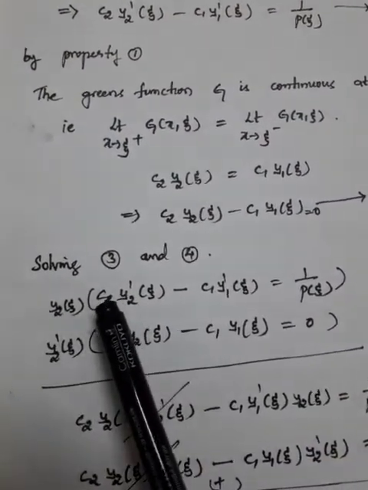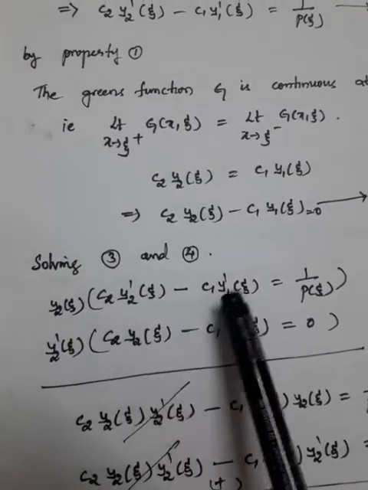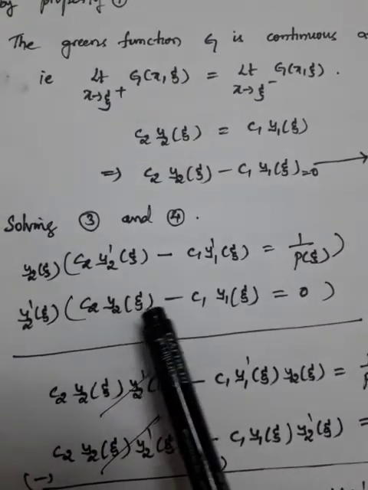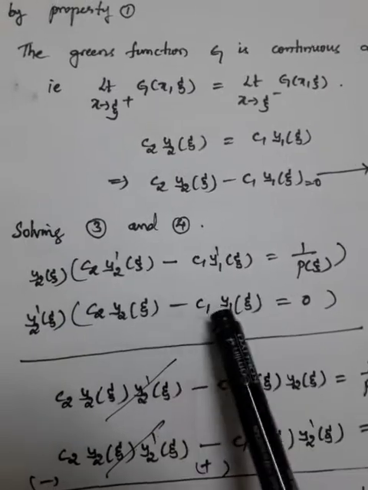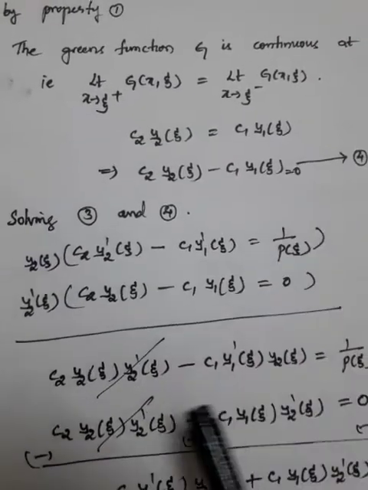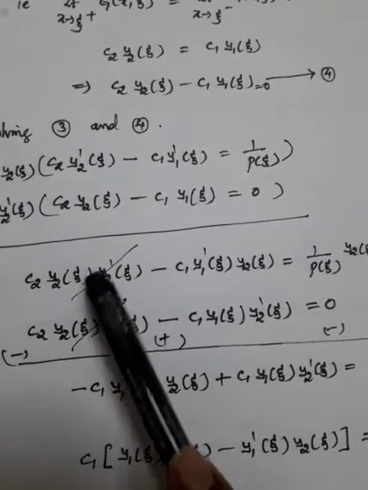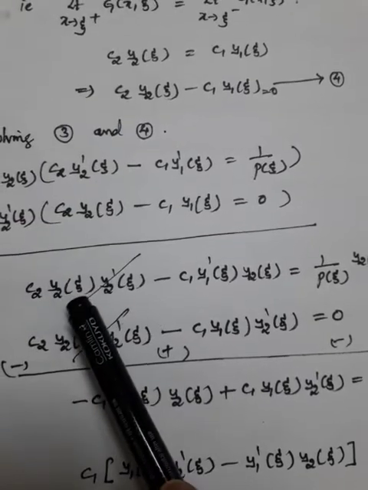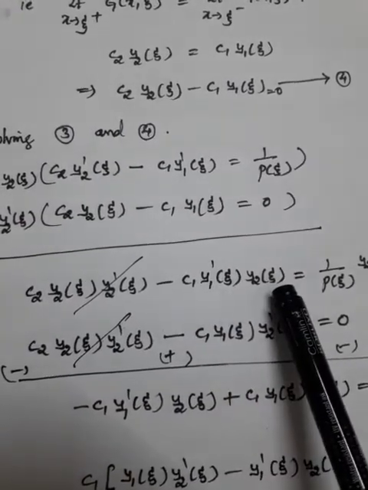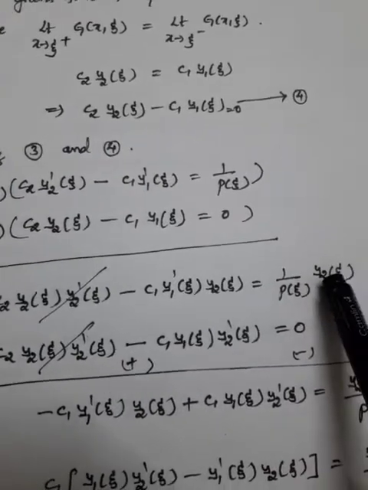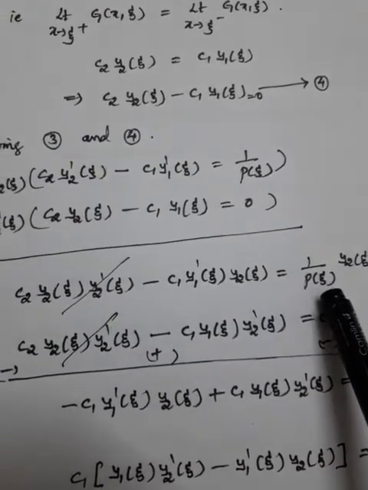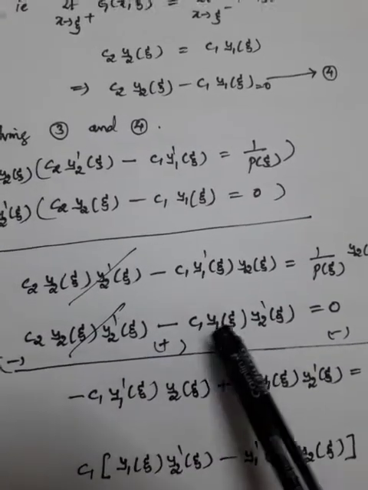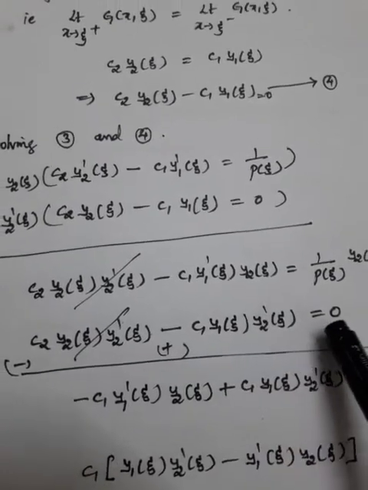Multiplying by y2 of ξ, we get c2 y2 dash of ξ y2 of ξ minus c1 y1 dash of ξ y2 of ξ is equal to y2 of ξ by p naught of ξ, multiplying on both sides. Now you have got it like this. These two terms are similar: c2 y2 dash ξ y2 ξ, and c1 y1 ξ y2 dash ξ is equal to 0.